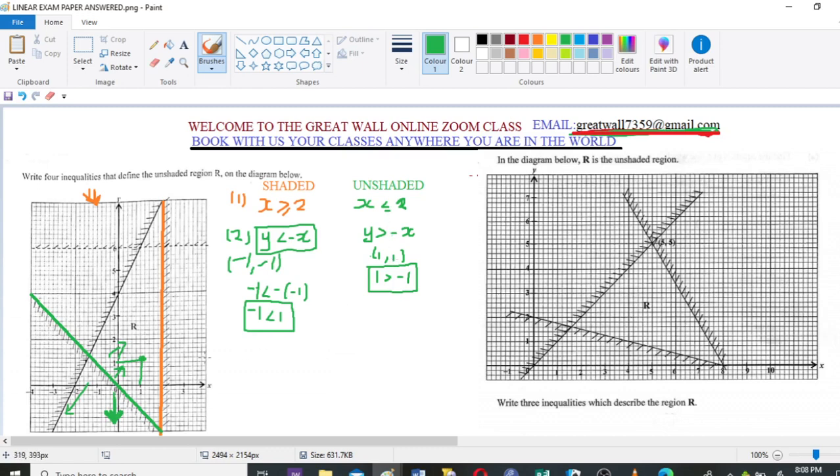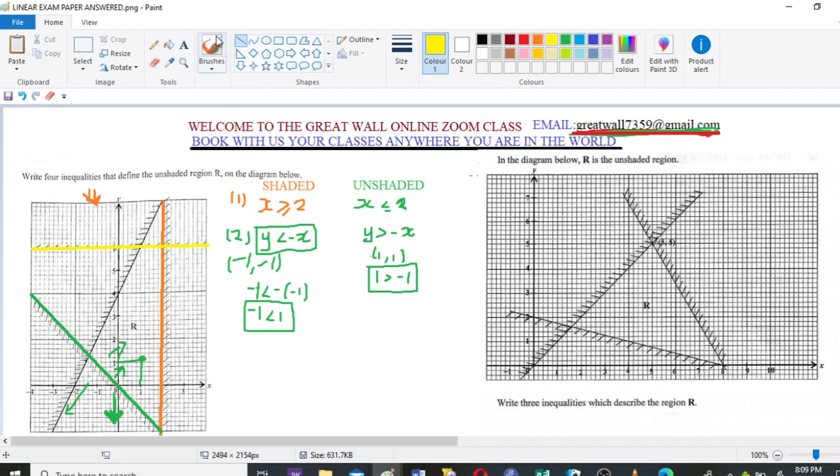Now the third equation, we can look at this one here. This line here, I can use a different color, let me use yellow. So this line is passing the y-axis at 6, and it is broken.